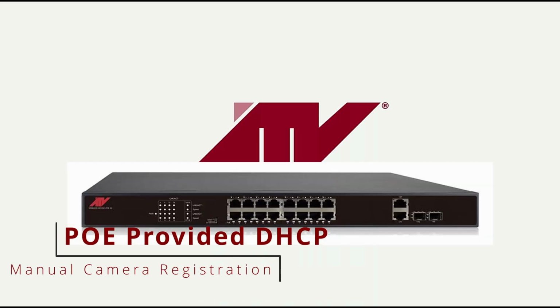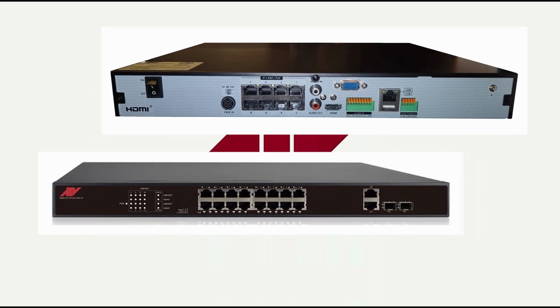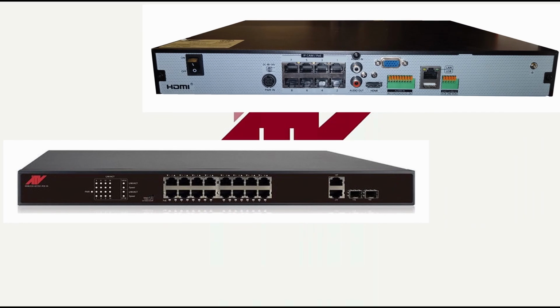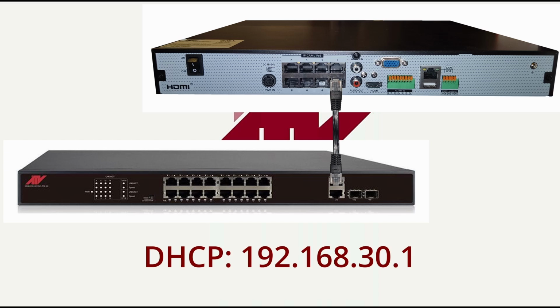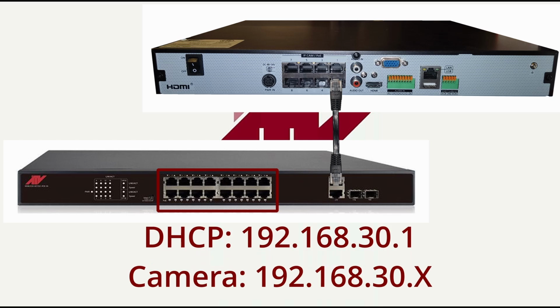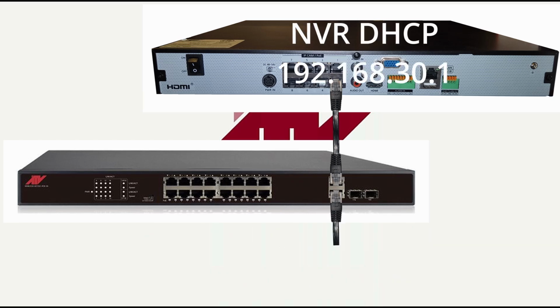While connected to the PoE switch, devices should have the IP scheme of 192.168.30.x. This is supplied by the DHCP server within the recorder. 2 DHCP servers should not exist within the same network.